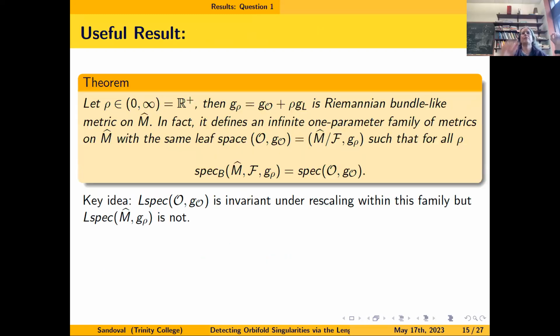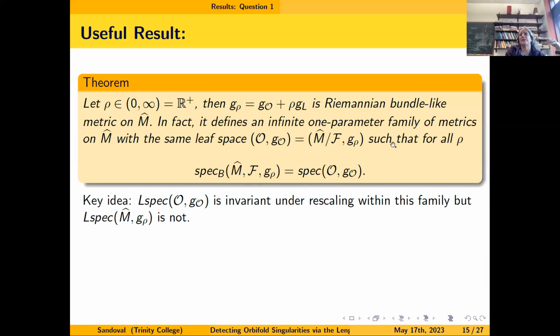So here's a theorem. It's quite useful in this situation. For every real number rho, a non-positive number, I can look at this metric here. I can essentially rescale the metric along the orbits by a constant. And that will be a bundle-like metric on M hat. And in fact, it defines an infinite one-parameter family of metrics on M hat, which yield the same leaf space, which is our orbifold with the corresponding metric.